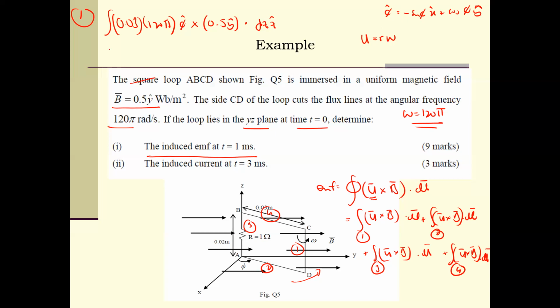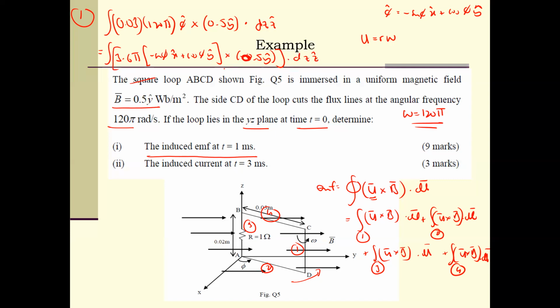So for that, we have 0.03 multiplied with 120 pi, which will give us 3.6 pi. Then phi will be negative sine phi of x plus cos phi of y, cross product with 0.5 y. And this we then dot product with dz of z.